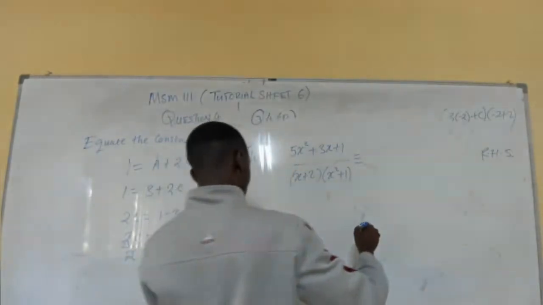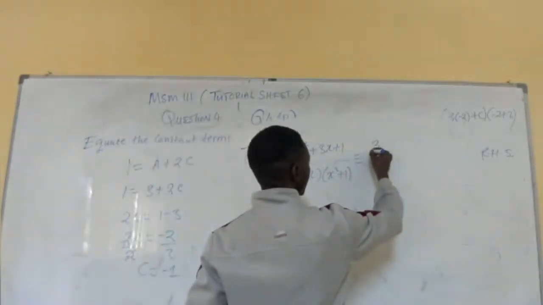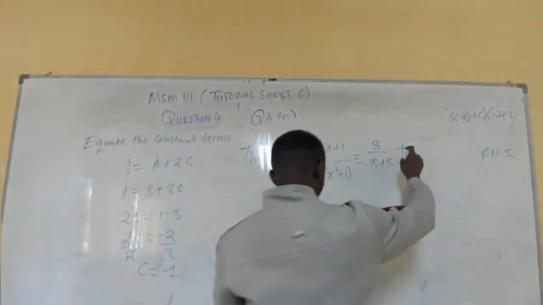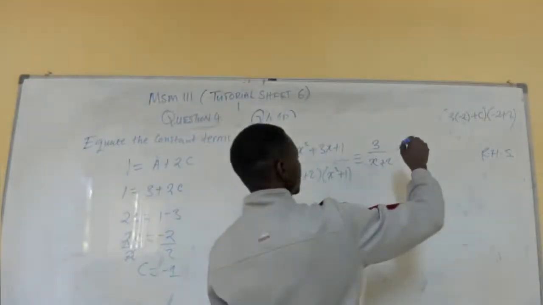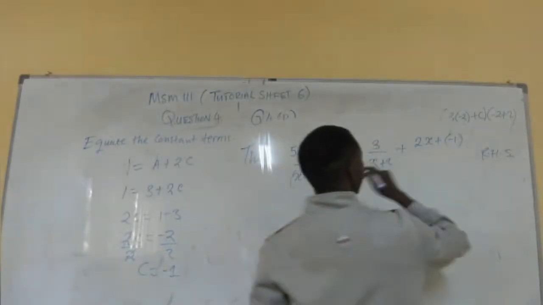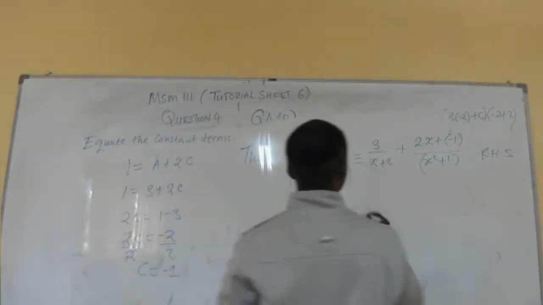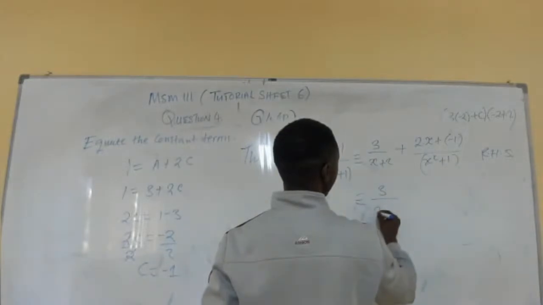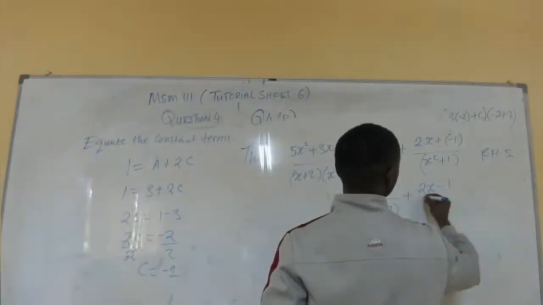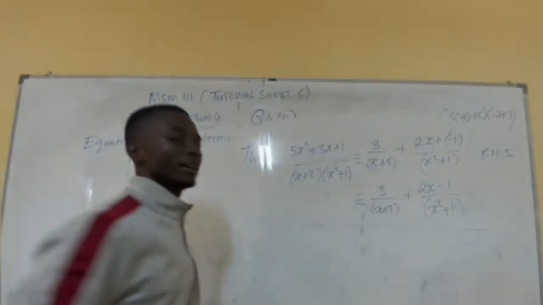We know a is 3, so 3 over x plus 2, plus, b is 2, so 2x plus negative 1, which is c, over x squared plus 1. So it is 3 over x plus 2 plus 2x minus 1 over x squared plus 1. So that's your final answer.